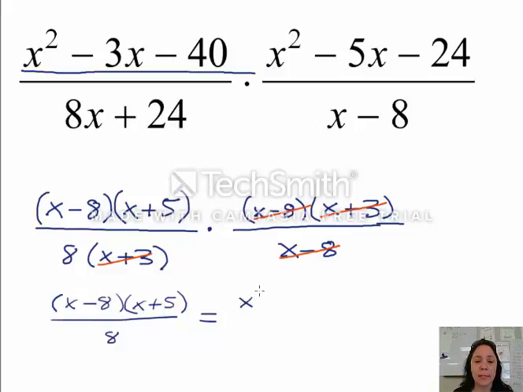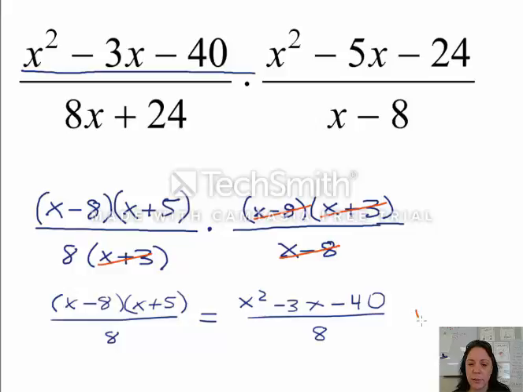So I get x squared minus 8x plus 5x is going to be minus 3x minus 40 all over 8. And I have some very important variable exclusions here. So my variable exclusions are x is not equal to 8 and x is not equal to negative 3.